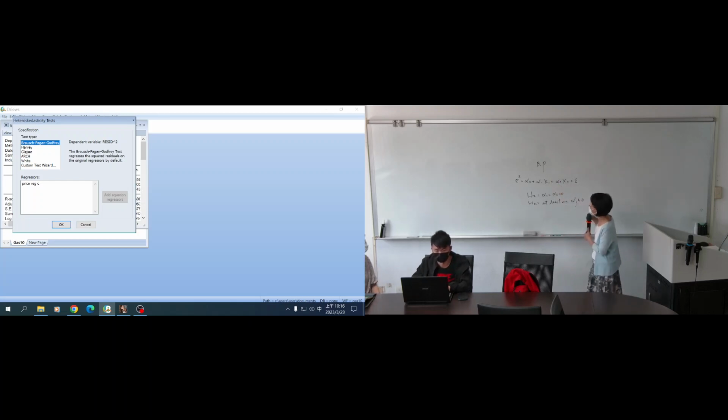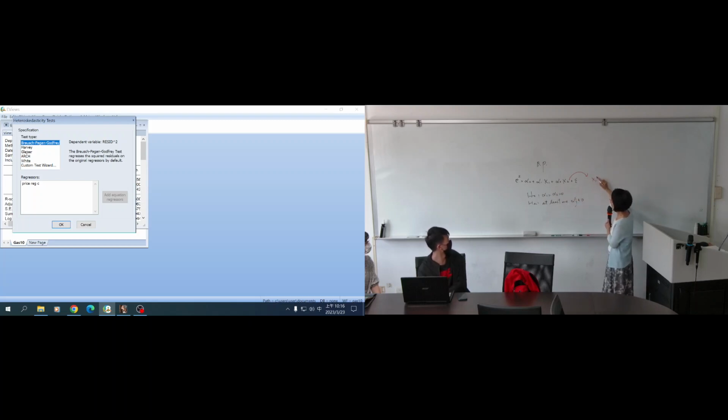So we should include not only these two, but also x1 squared, x2 squared, and the cross product of these two variables, x1 times x2.